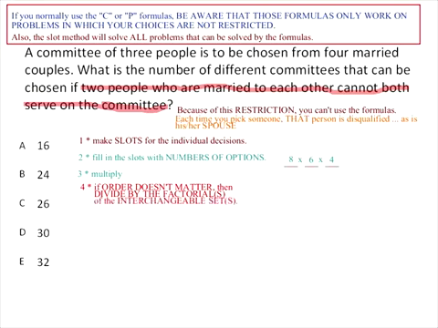So what do we divide by? Yeah, it's a committee, so there are 3 people being chosen. You can scramble the entire committee; it is interchangeable. So we have to divide by 3 factorial.